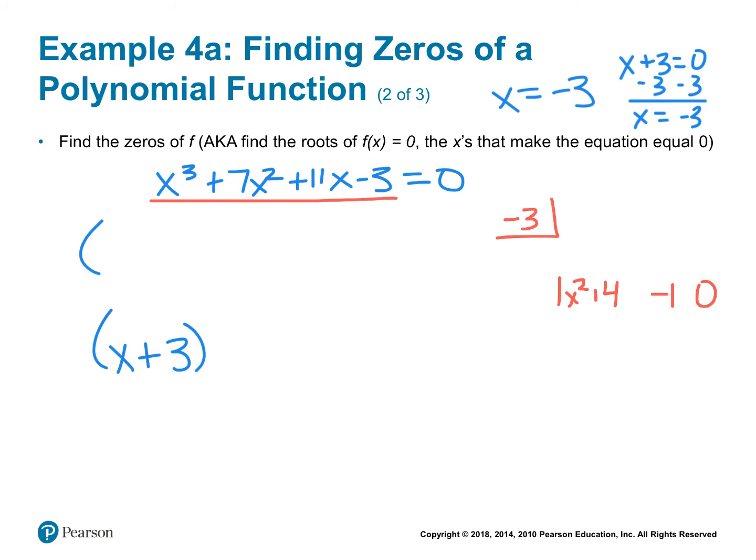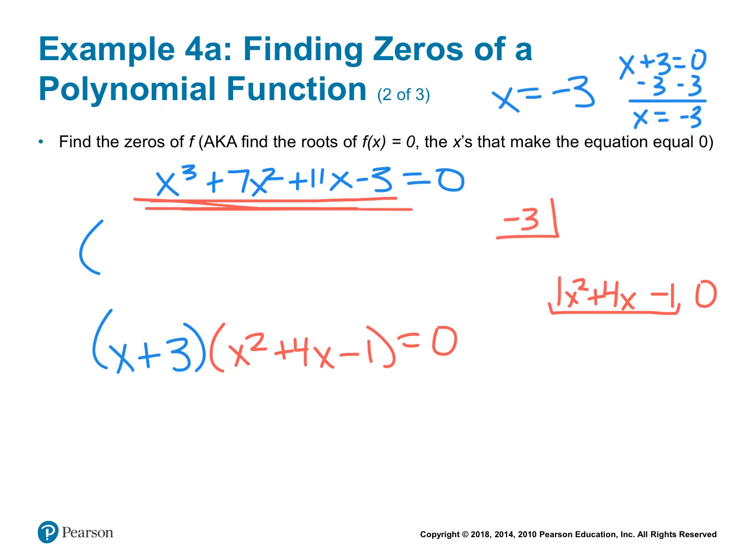Then we had a positive 4x minus 1 with remainder of 0. So that means our other factor is x squared plus 4x minus 1. And if you would FOIL and multiply that out, you would end up back with this original equation.